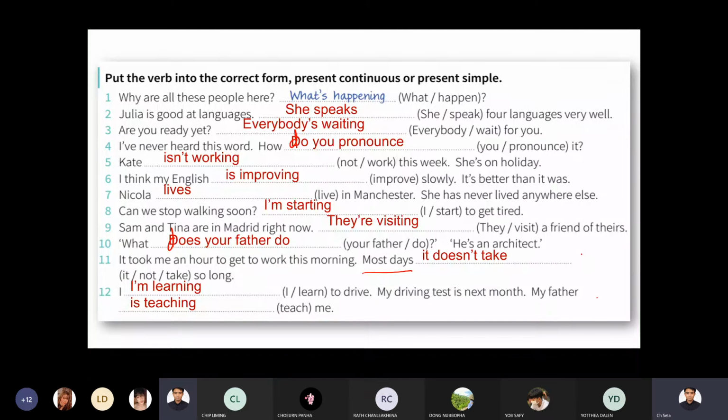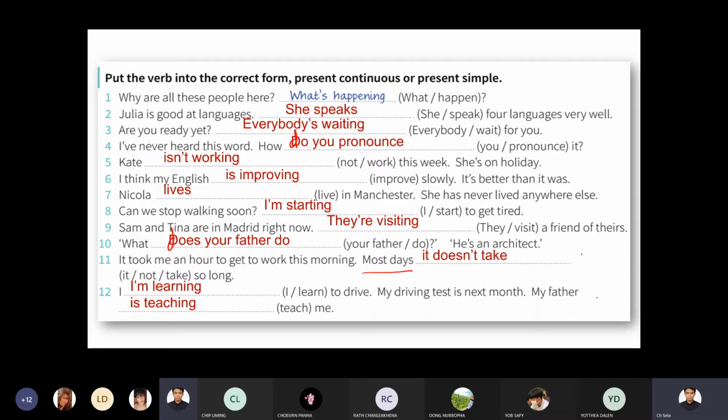Okay, so now I would like to read all the sentences for you again. Please listen carefully. Number one, why are all these people here? What's happening? Number two, Julia is good at languages. She speaks four languages very well. Number three, are you ready yet? Everybody's waiting for you.